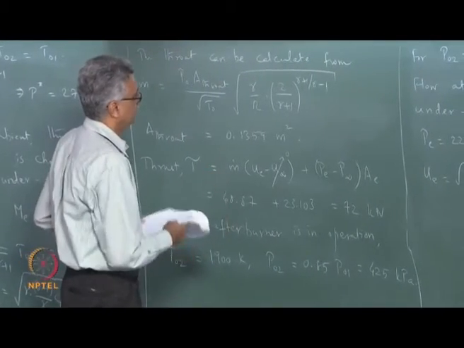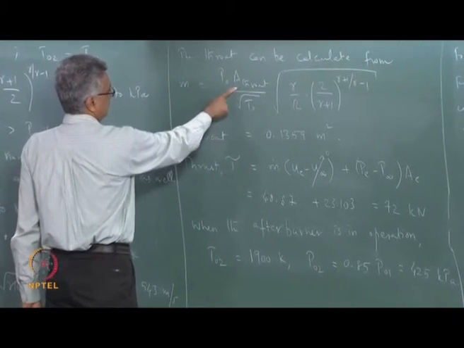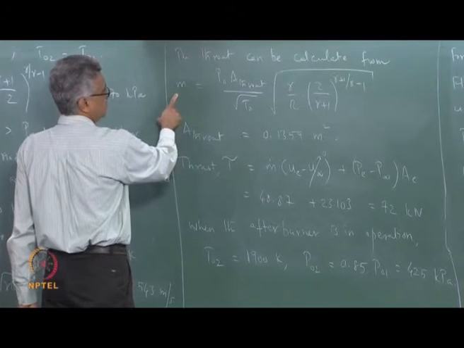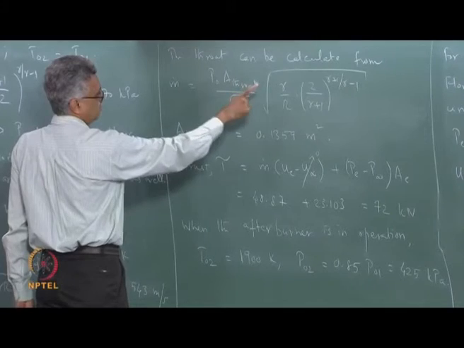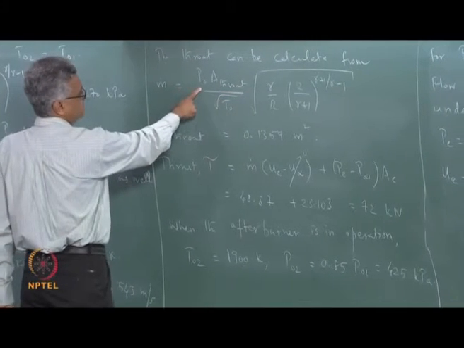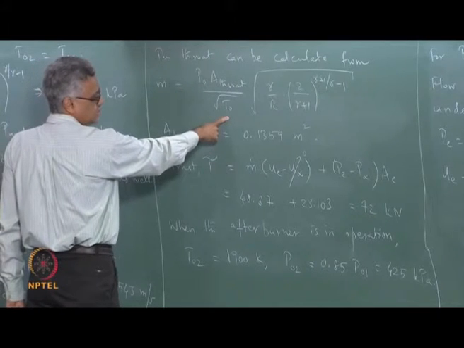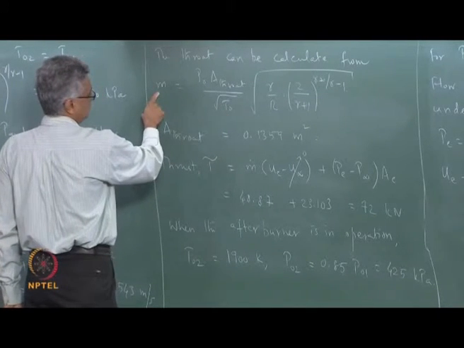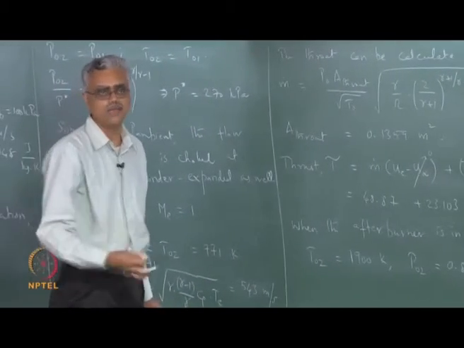Mass flow rate remains the same. Now, I have my quantities, so I can use this formula to calculate the new throat area. P0 is changed, T0 is changed. So, remember, or by looking at the numbers, you see that P0 has decreased from before, T0 has increased from before, M has remained the same. So, that means A throat has to increase to accommodate the same mass flow rate.